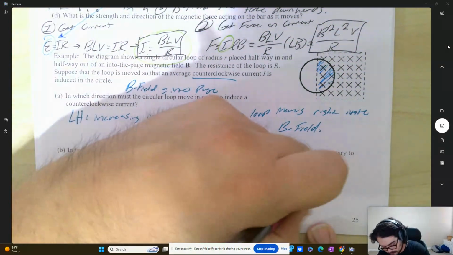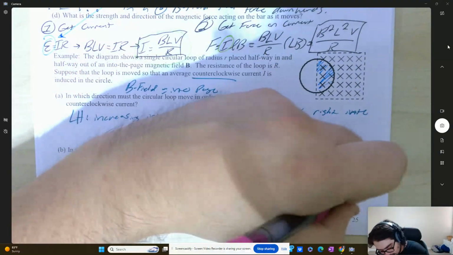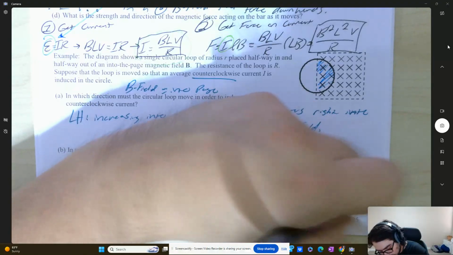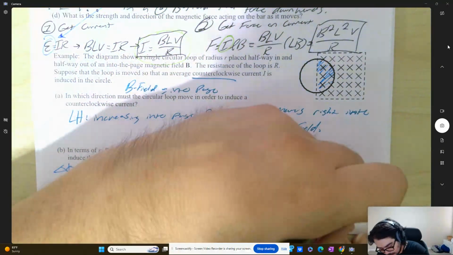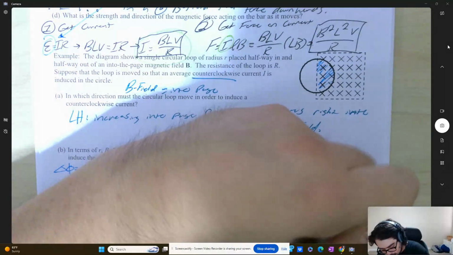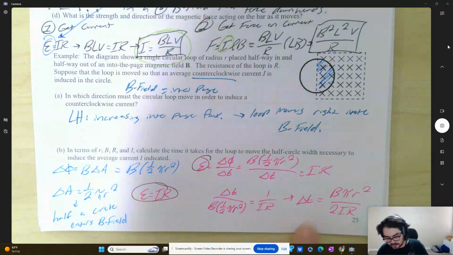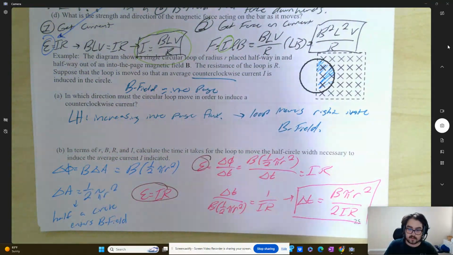That gives me delta t is equal to b pi r squared over, and all I'm doing here is taking the 1/2 and moving the 2 to the denominator, because that's perfectly fine, 2 IR. And I believe everything's in terms of what we're permitted to have, so that's a good derivation right there. We're all good on that one.